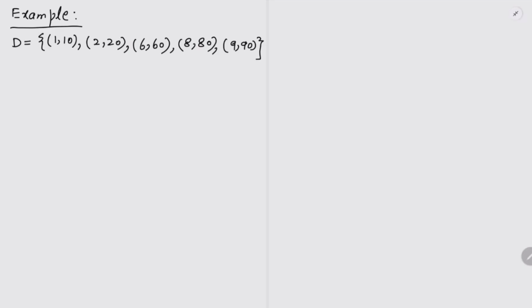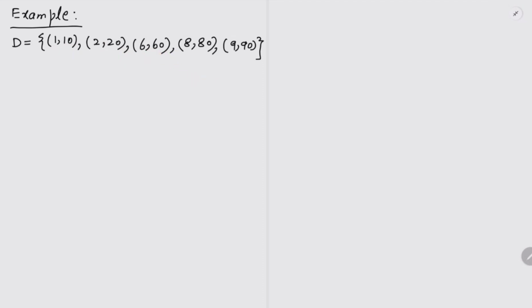The question that we need to solve is to find the prediction for some value of x. Here you can see that for 1 we have the answer 10, for 2 we have the answer 20, for 6 we have the answer 60, and so on.